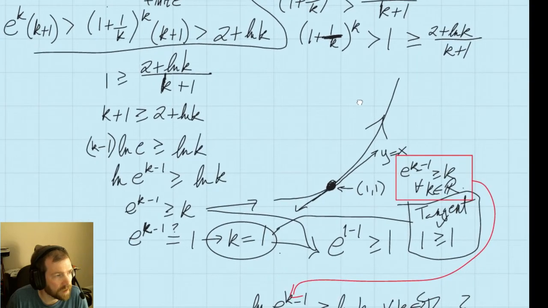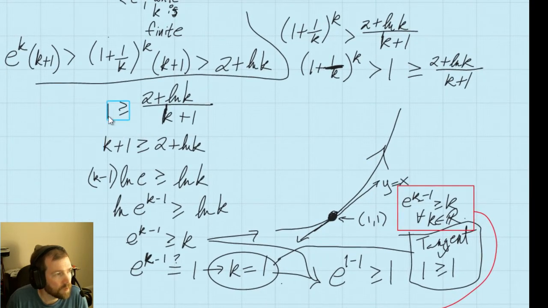Based on that, we can show that 1 plus 1 over k raised to the k is going to be greater than 1, because this is the compound interest formula. As long as you compound at all, for any k value, it's going to be greater than the 1 principal amount you started with. Doesn't matter at all what it is.